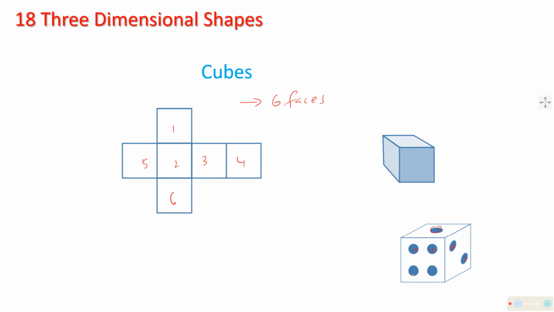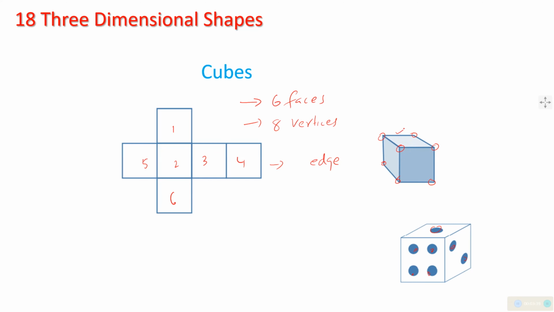We know that if you think about vertices, these corners: 1, 2, 3, 4, 5, 6, 7, and 1 which is invisible. Thus 8 vertices are there. And then the concept of edges. Edges are the meeting line of 2 faces.